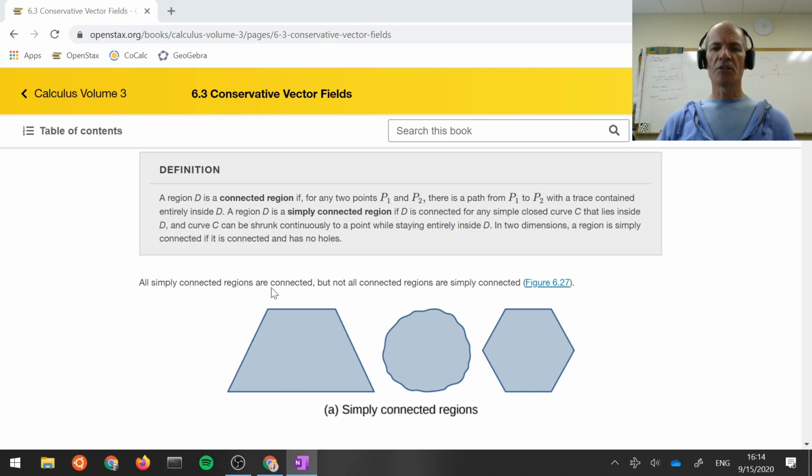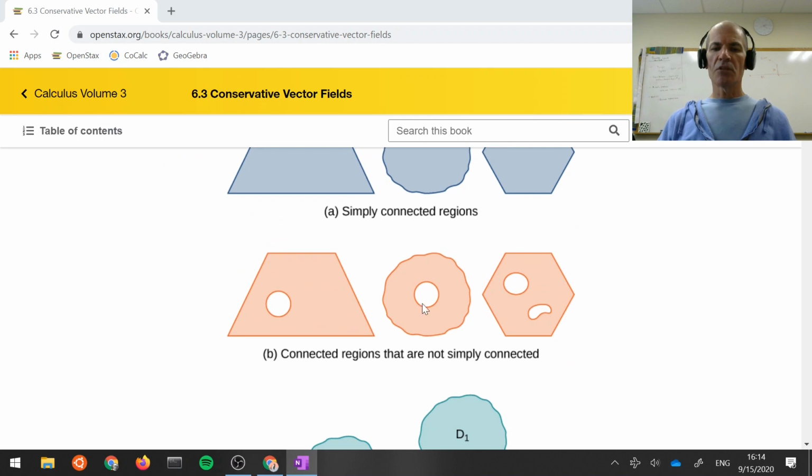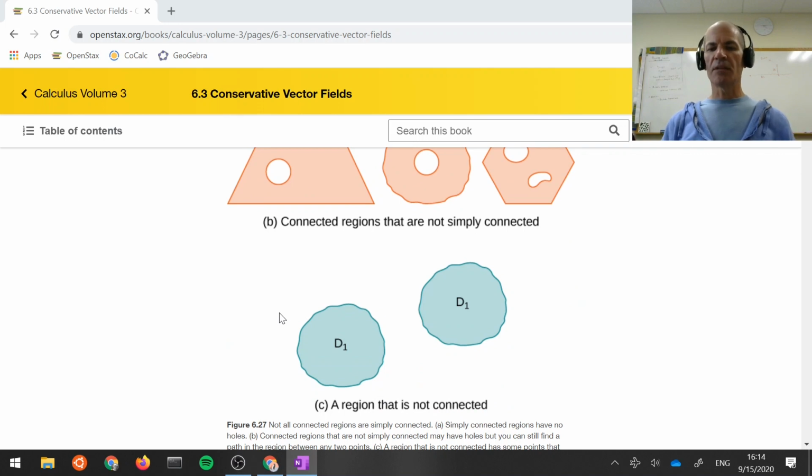These are what are called simply connected regions. They're the nice regions. They're well behaved. They don't have any holes in them, as opposed to these, which are not simply connected because they have holes inside of them, or these, which are not simply connected because they're simply not connected. In other words, there's a gap. I can't get from this point in the set to this point in the set without leaving the set.